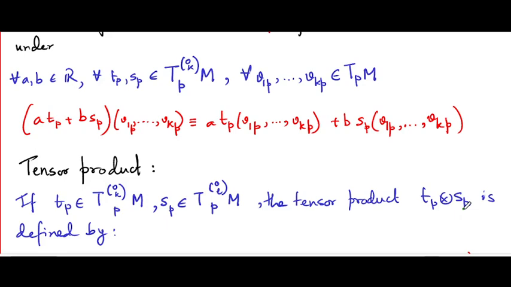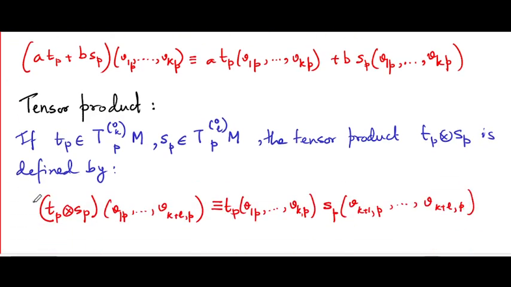Now you define it in a particular manner. You define this to be a (0,k+l) type tensor. Again, in old language, a covariant tensor of rank k+l. This means, of course, that we have to tell you exactly what it does when it's given k+l vectors as arguments. So T_P tensor product S_P, given these k+l arguments v1, v2, up to v_{k+l}, all of them at the point P, is simply defined to be the following.